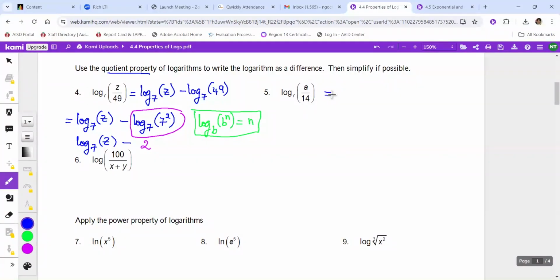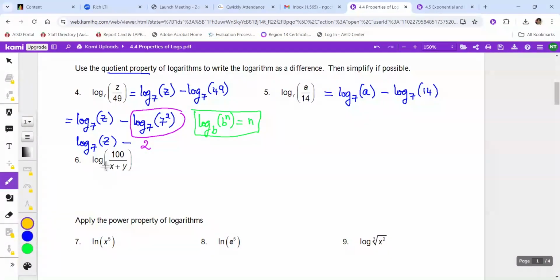So we apply the quotient property, which gives log base 7 of the variable a minus log base 7 of 14. And we cannot simplify any more, so we stop, because 14 is not a perfect power. There's no number squared that equals 14, unlike 49, which is 7 squared. Okay, so let's move on to number 6.